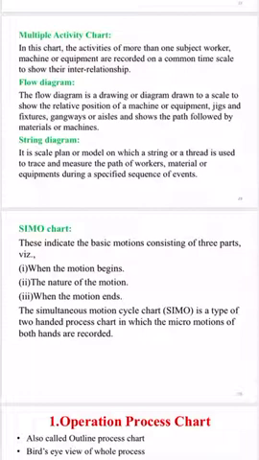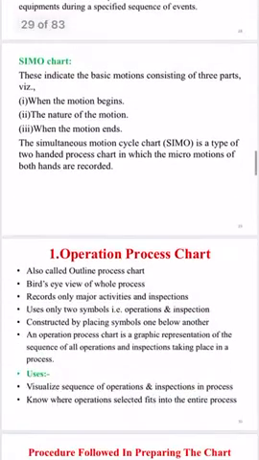We will see one by one all these recording techniques, that is charts as well as diagrams, flow diagrams or string diagrams. Okay, so the first chart is the operation process chart, or you can say the outline process chart.